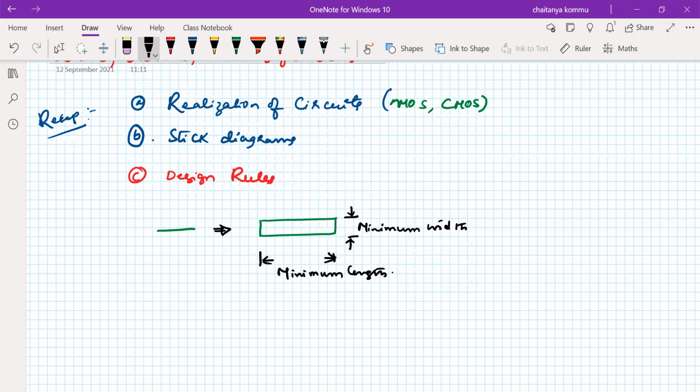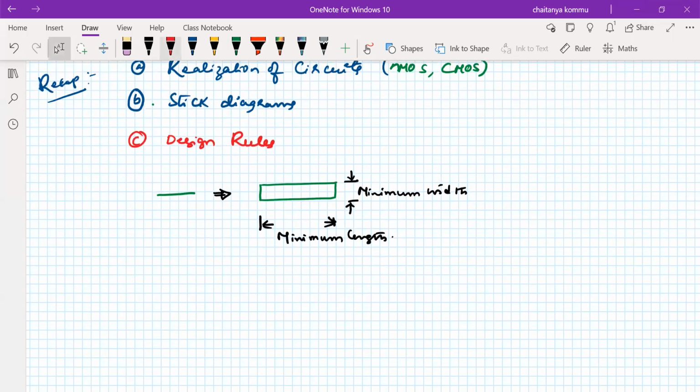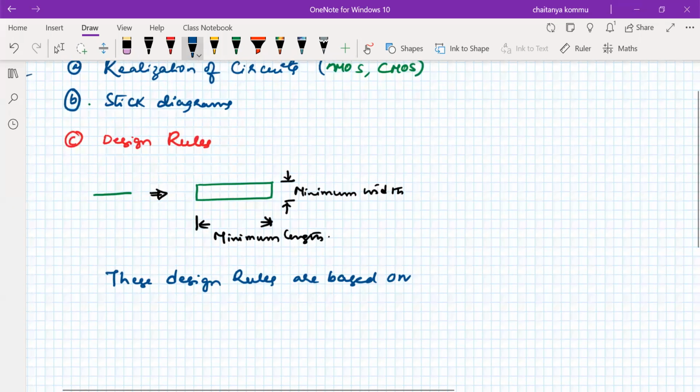That is decided by what kind of technology you are using. Okay, so these design rules are based on the technology that we use.